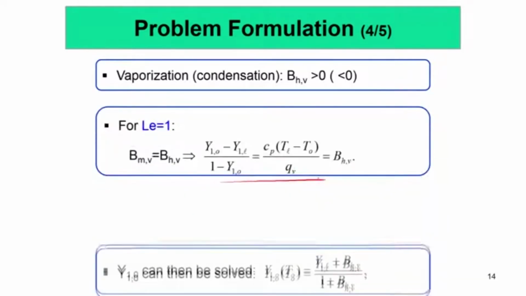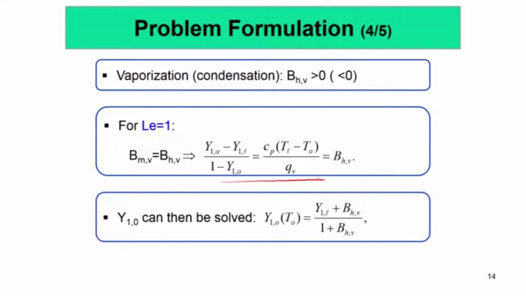We get this relation for the heat transfer number, and using this relation essentially you can solve for Y_1,0, which was actually holding us back from describing F, because F contained the mass transfer number, and the mass transfer number contained Y_1,0.